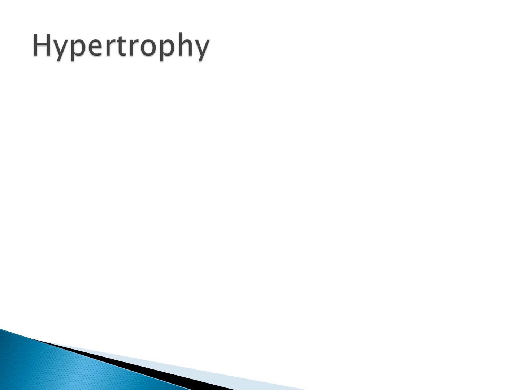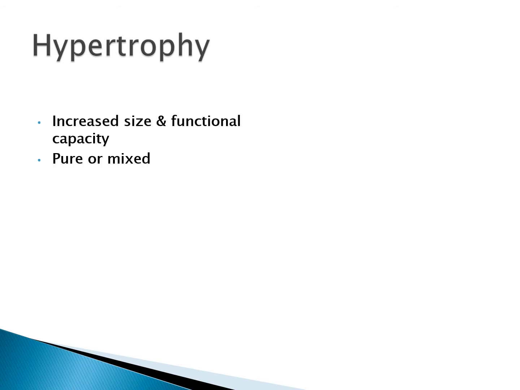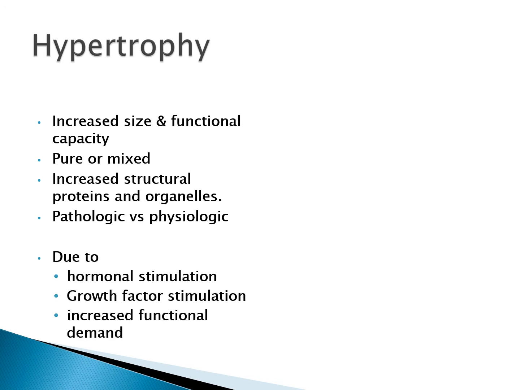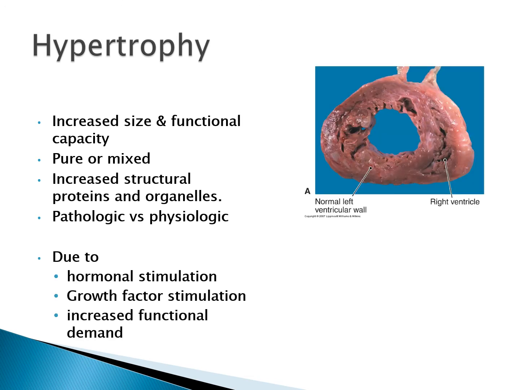So we have 4 adaptive mechanisms: hypertrophy, hyperplasia, atrophy, and metaplasia. All of these adaptive mechanisms are considered reversible. That is, when the stressful event is relieved, the cell will go back to normal.